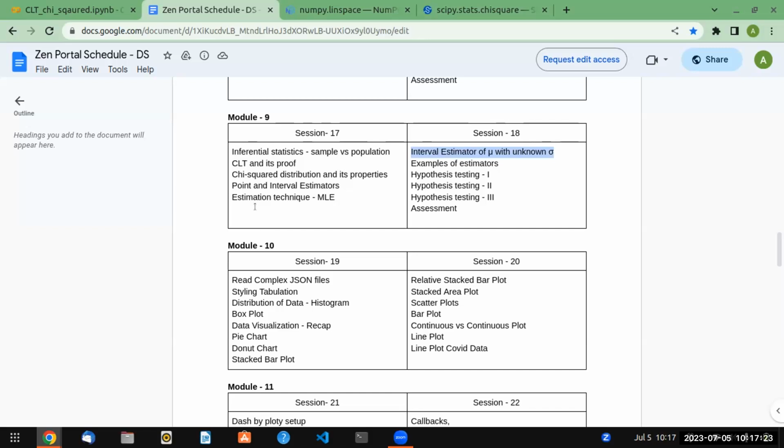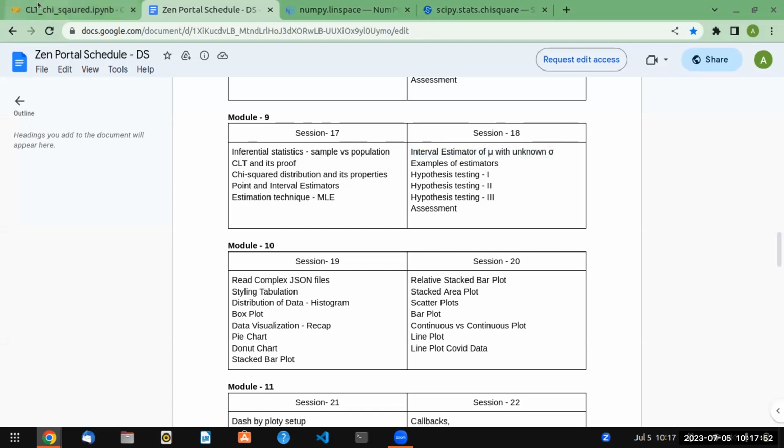I told you unknown distribution also. I said "or". That's why I said less than 30 or the distribution is unknown. So that time if you have a higher sample size also, you can use T table. This is why I'm emphasizing this, because if you see here, interval estimator of mu with unknown sigma. Unknown sigma means what? Unknown distribution of population.